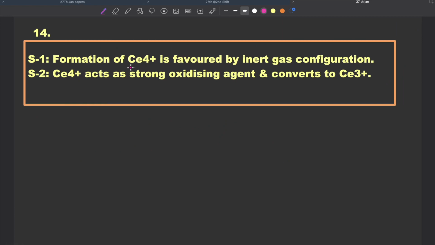Next one, the formation of Se+4 is favored by inert pair configuration. Yes, SeF4 has got the inert pair configuration. Cerium+4 acts as a strong oxidizing agent and converts to Cerium+3.